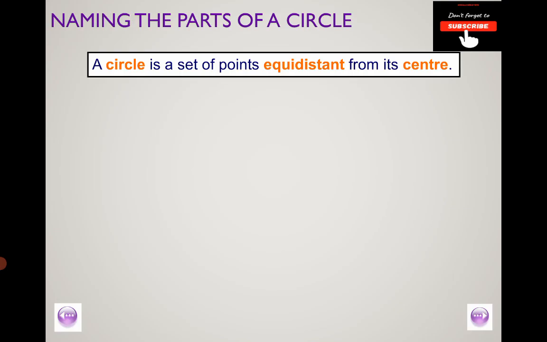But for us to do that, let's quickly define a circle. What is a circle? Definition: a circle is defined as a set of points equidistant from its center.